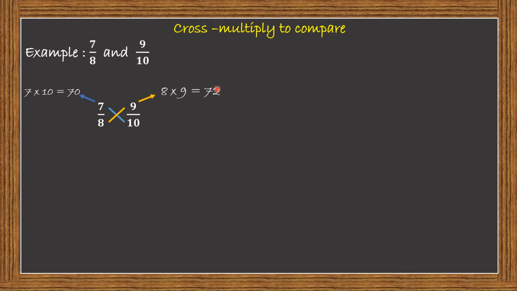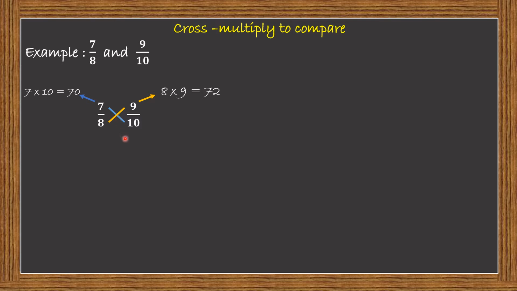This right hand side product will represent the right hand side fraction. And see this blue line. For cross multiplying 10 and 7, whatever the answer is, this product represents the left hand side fraction. While cross multiplying, we write the products on top of the numbers.